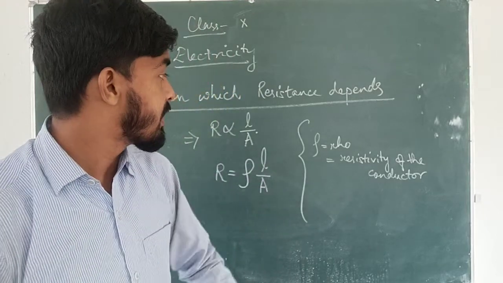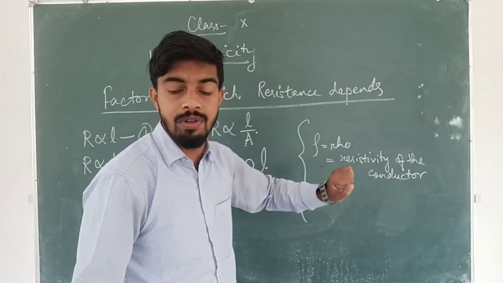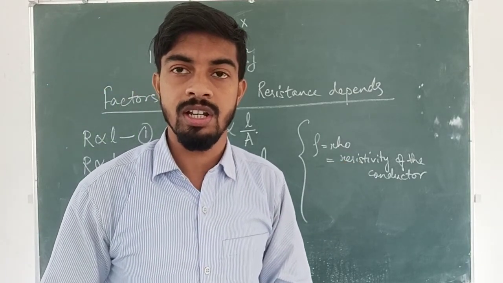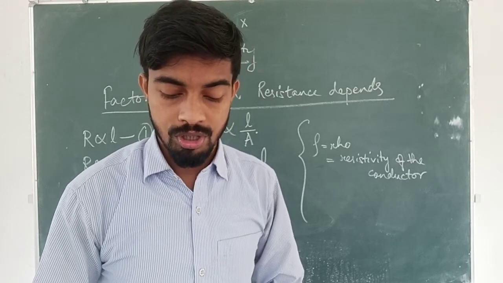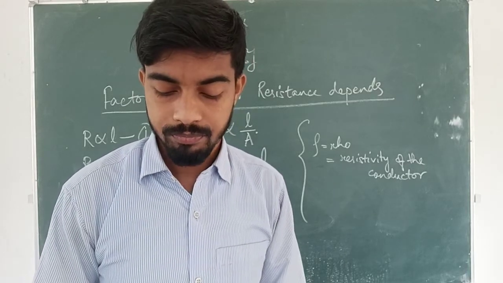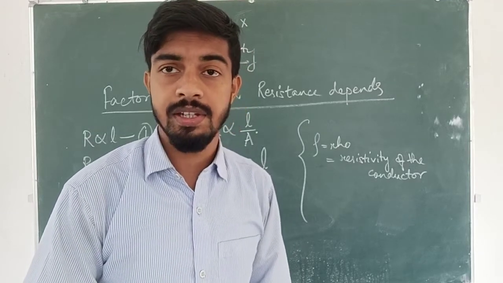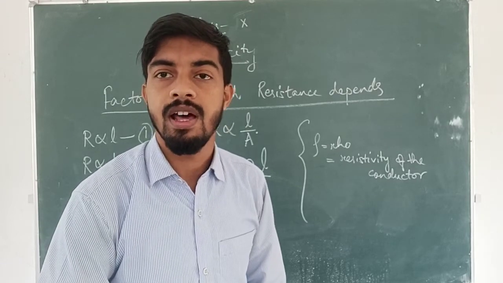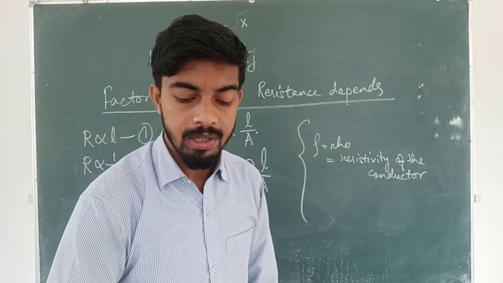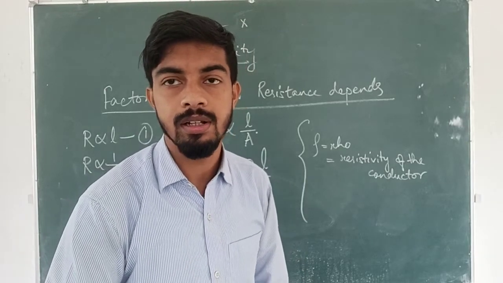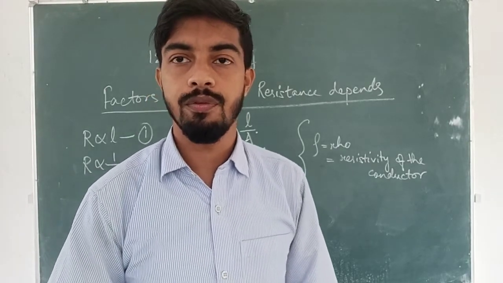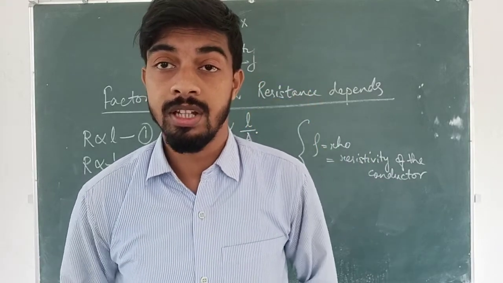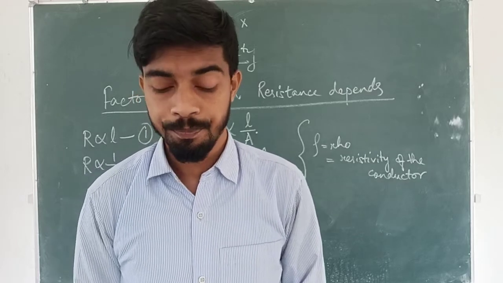If the rho value is high, then the conducting property of that conductor is not so good. Silver has slightly less resistivity than copper, so silver conducts electricity far better than copper. But since silver is a costly metal, we cannot use it for making wires and equipment, because they would be far more costly.